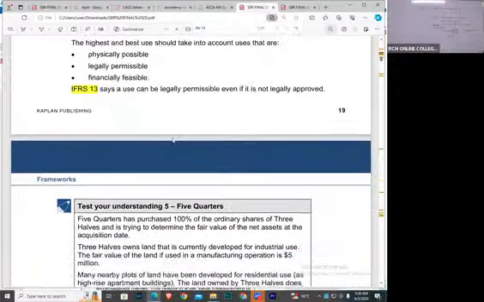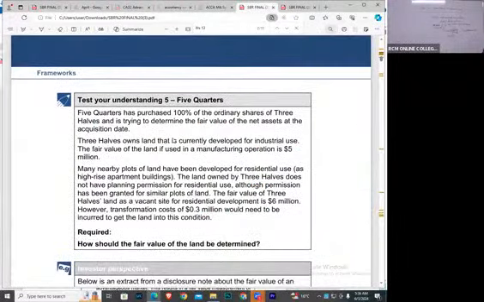We come to test your understanding 5, the last concept that you're doing here. 5 quarters has purchased 100% of the ordinary shares of 3 halves and is trying to determine the fair value of the net assets at the acquisition date. 3 halves owns land that is currently developed for industrial use.